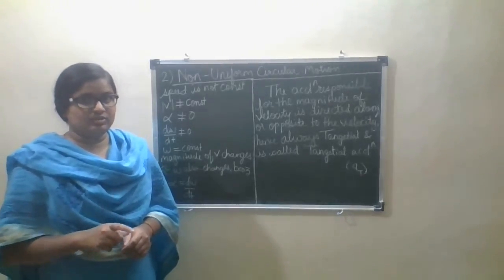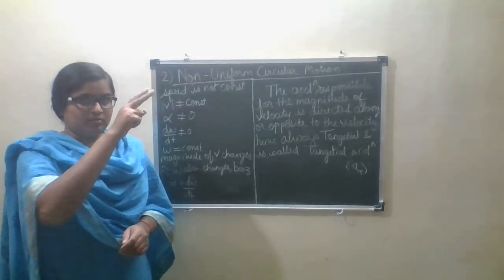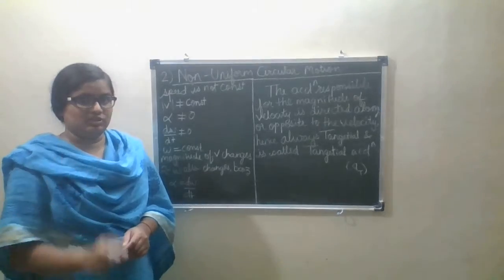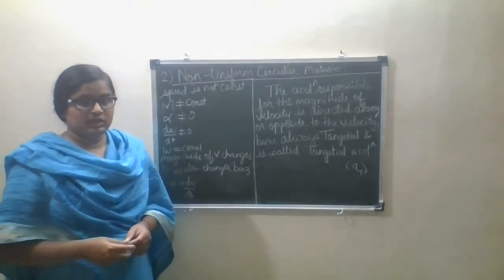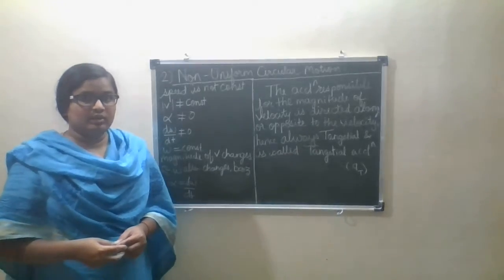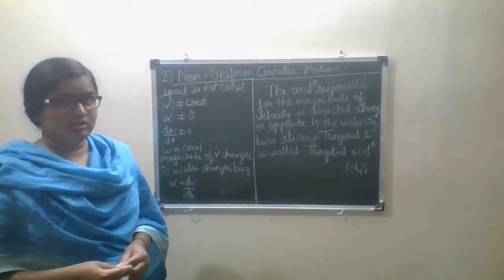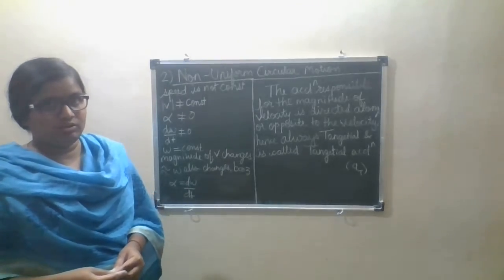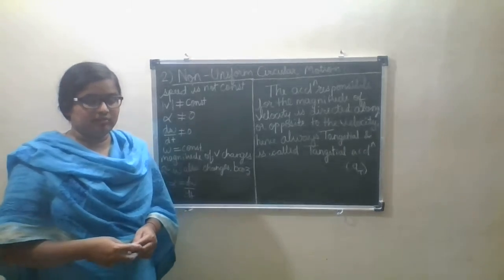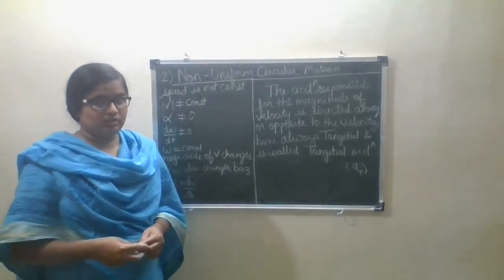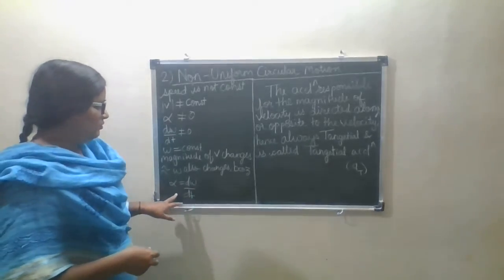It will not change its position. Whenever it goes upwards or downwards, it remains tangential only. So when the magnitude of the tangential velocity changes, the angular velocity also changes, because angular acceleration alpha is equal to d omega by dt.